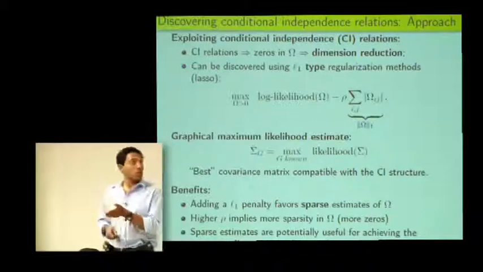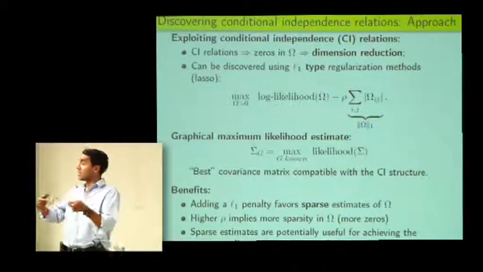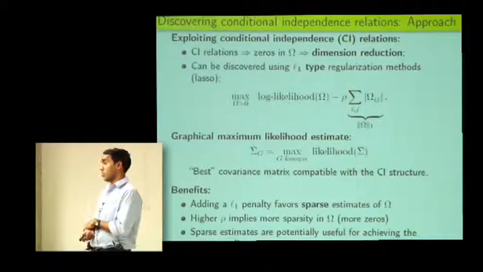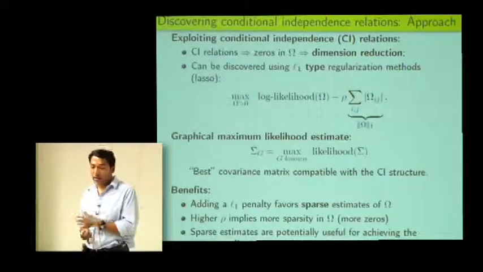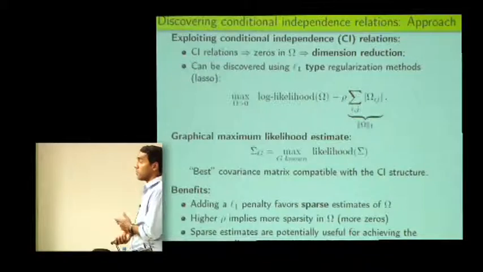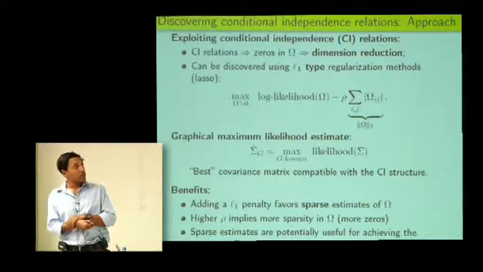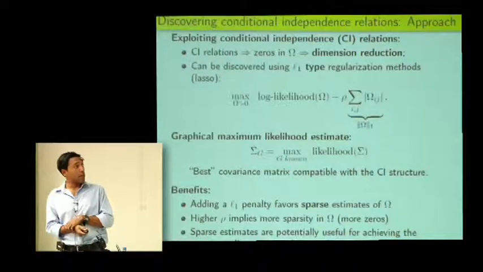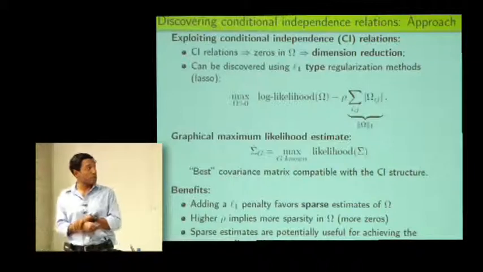So what you would do is put an L1 penalty, which induces sparsity in the inverse covariance matrix. You may have heard the word L1 penalty. There are many people who have worked on this, including Ingrid Daubechies, Terry Tao, David Donoho, Emmanuel Candes, a lot of my colleagues, mainly in harmonic analysis and functional analysis.